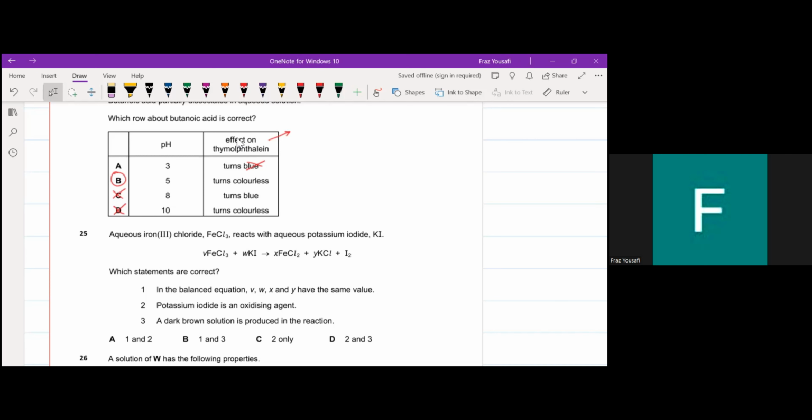So for this question, if you understand your choices and comprehend what's happening with them, you can eliminate three wrong answers and you will know what the answer is simply by checking statement number two. Statement number two says that potassium iodide is an oxidizing agent. And just that statement alone is false. Remember, potassium iodide is a test for oxidizing agents, not an oxidizing agent itself.